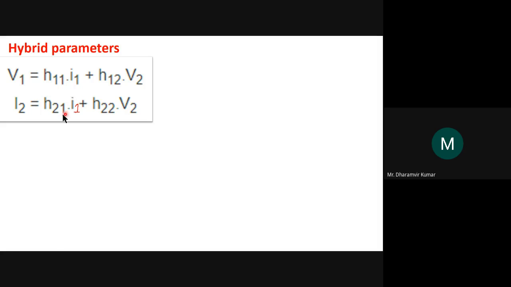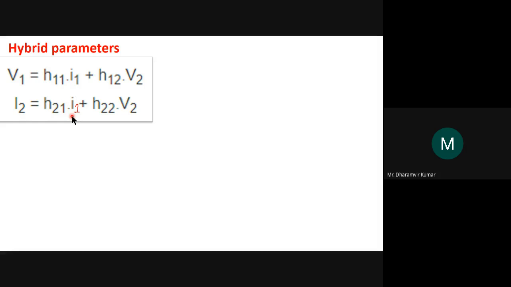Now similarly in this equation also, if I1 is 0, this term becomes 0, and H22 becomes I2 by V2. I2 by V2 is again a conductance, which we had already seen. So it is the output conductance, given that input current is 0, or the input side is open circuited.